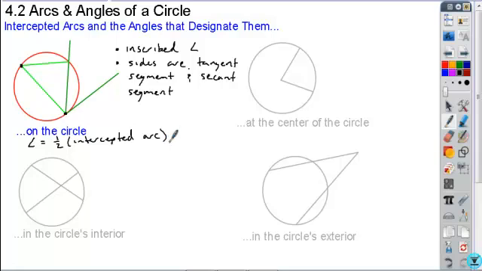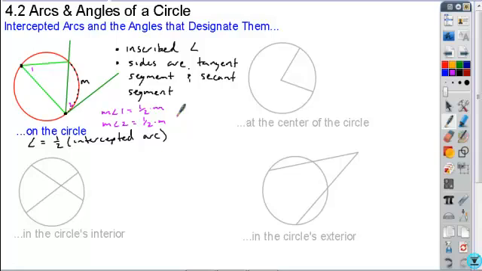So what that means is if this intercepted arc, which I'll call M, and I'll call these angles 1 and 2, then the measure of angle 1 is going to equal 1/2 of M. The measure of angle 2 also has its vertex on the circle, so it's going to equal 1/2 the intercepted arc, 1/2 of M.